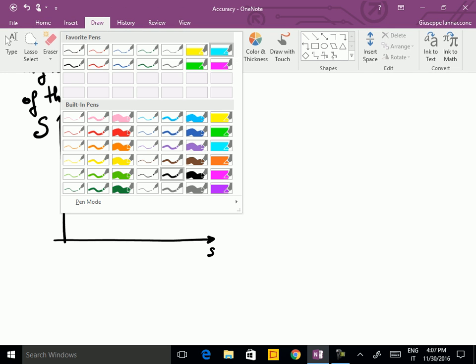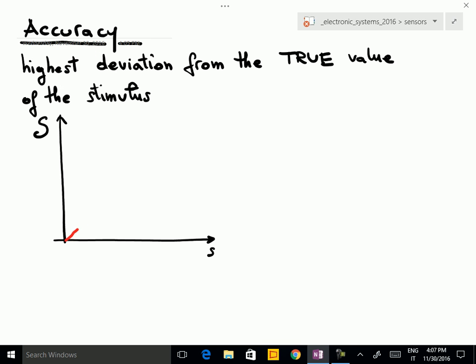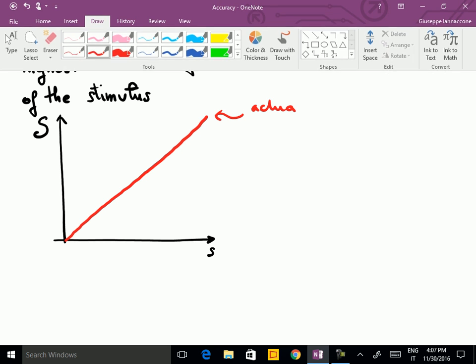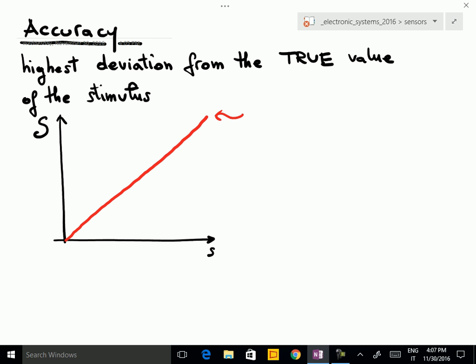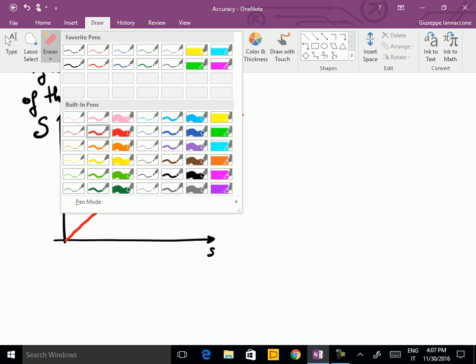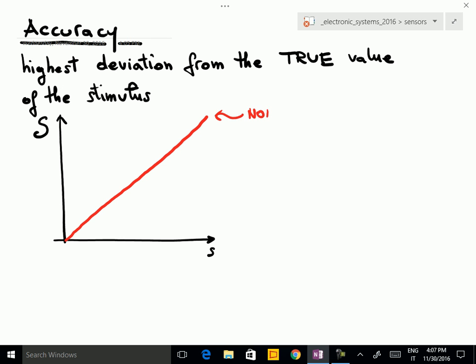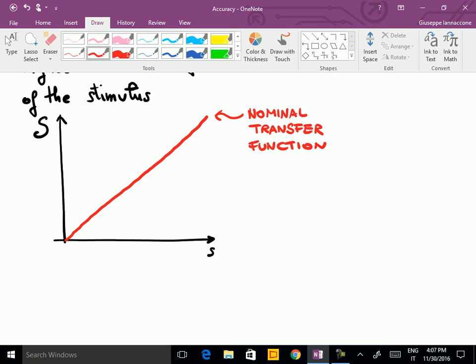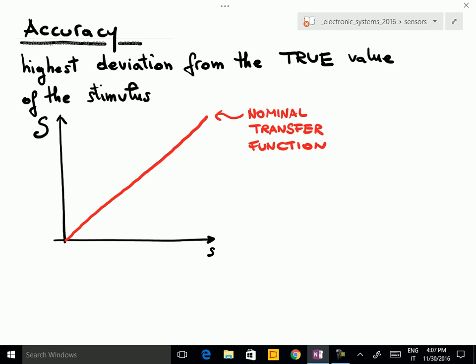So for example, let's assume that this is the nominal transfer function, a line, and this is something that we can have also if we have already done a calibration.